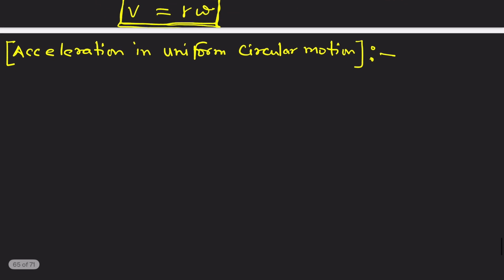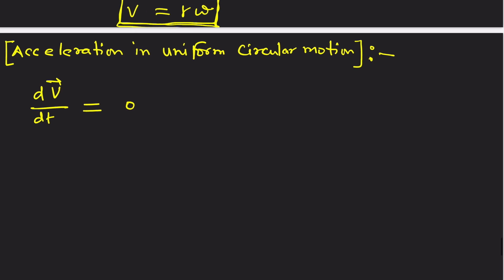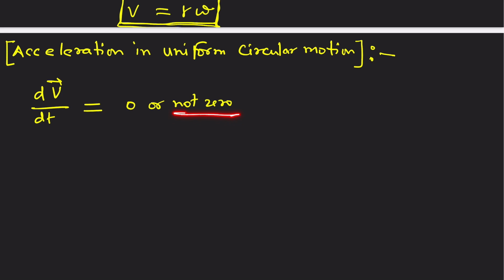If somebody asks you what is the value of this, is dv by dt 0 or not 0? The answer would be that it is not 0.